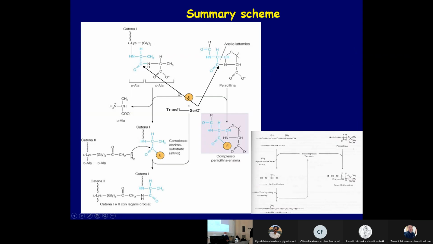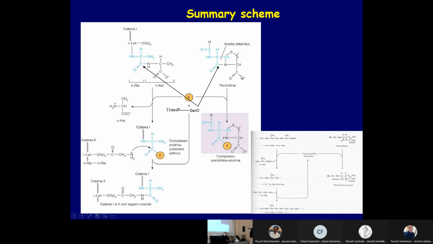Once again, here you have a summary scheme. You see the negative charge serine residue, O minus, oxygen minus. You have the natural substrate, diala tail. Once again, you see the O minus is able to attack this carbonyl.